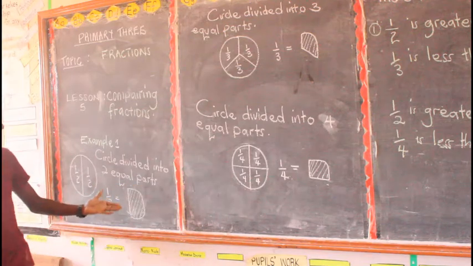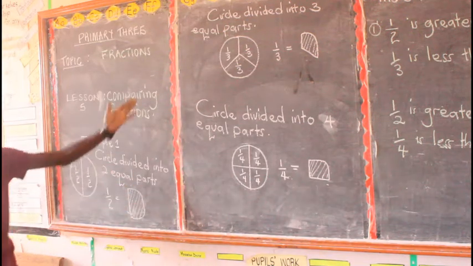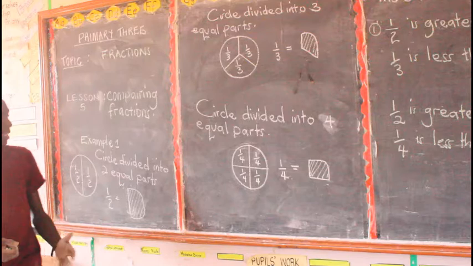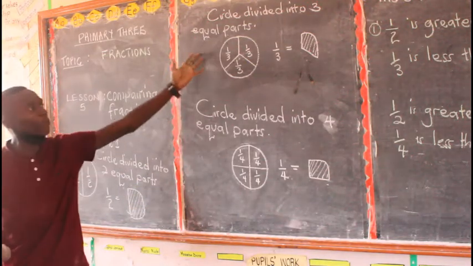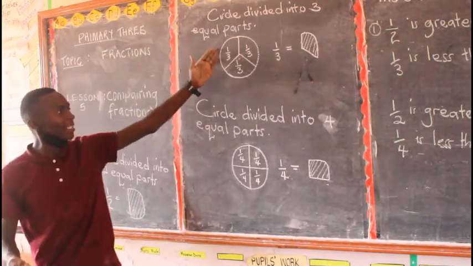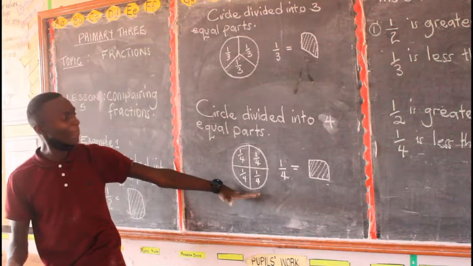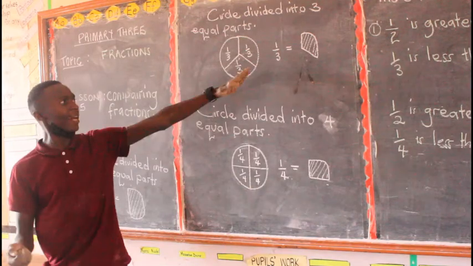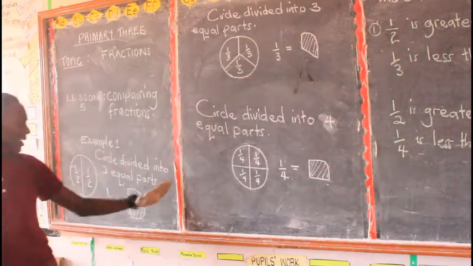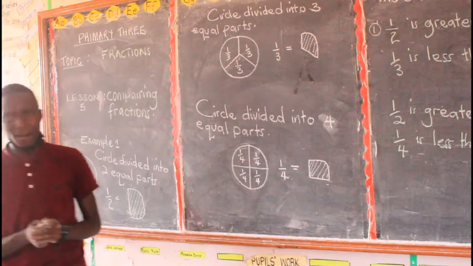A half is bigger than all these three, a third is bigger than a quarter, but a quarter is less than a third, and also less than this half.